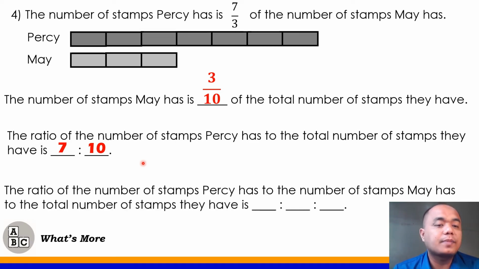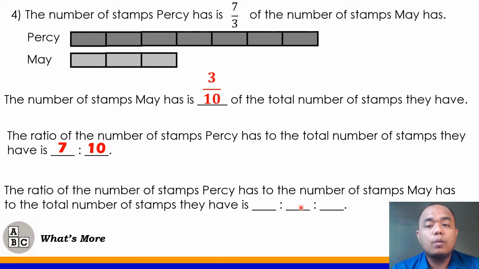Next statement. The ratio of the number of stumps Percy has to the number of stumps May has to the total number of stumps they have is blank is to blank is to blank. So tatlong quantity ang kakailanganin natin dito. Yung first quantity natin dito class would represent the number of stump of Percy kasi siya yung unang ibinigay na statement dito.